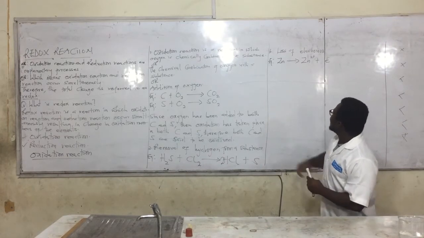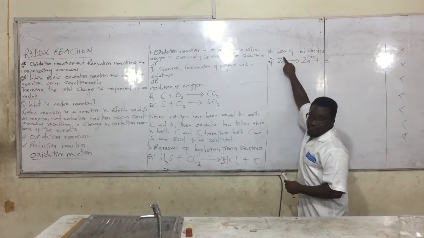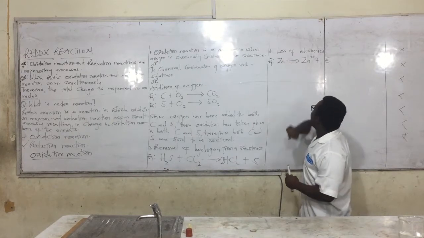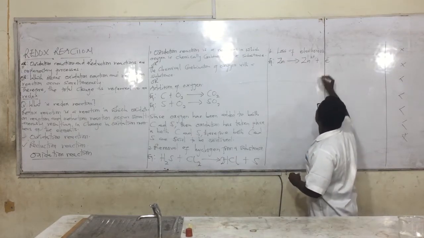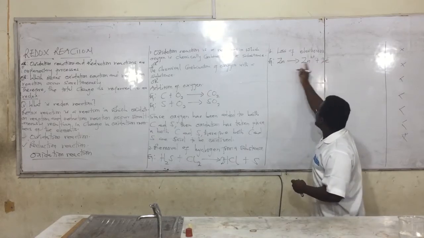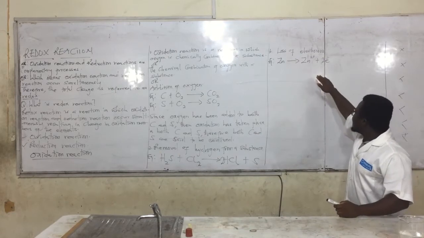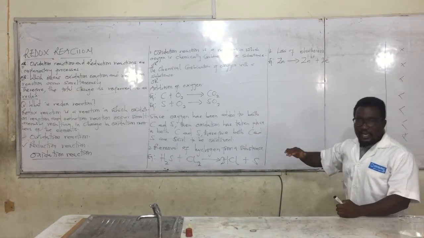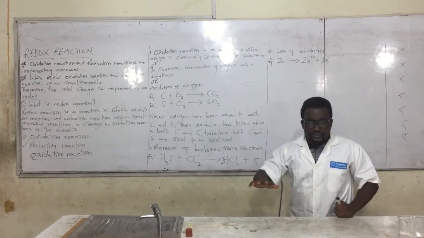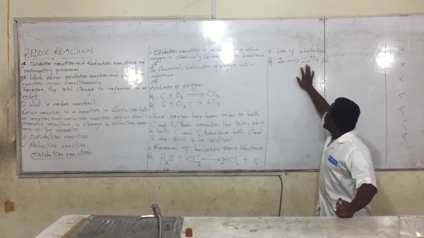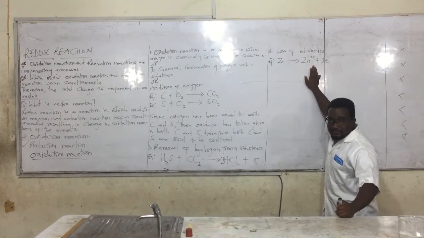But looking at it, over here we have 0. So I have to put 2 there so that the process becomes balanced. Now this reaction indicates loss of electrons. So you can see that zinc lost 2 electrons.